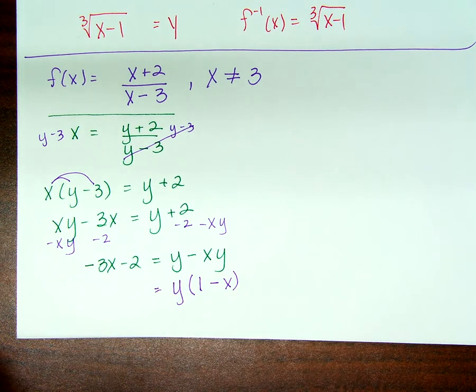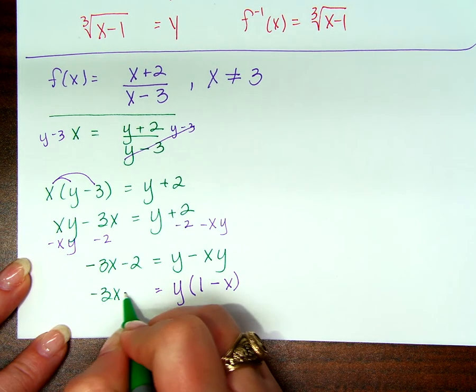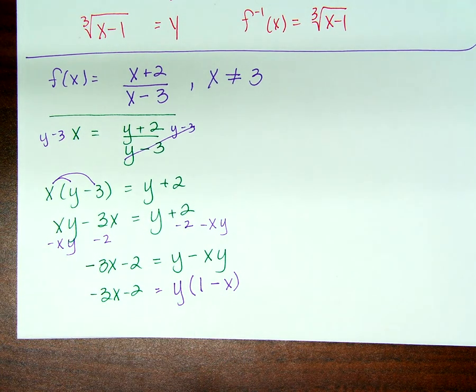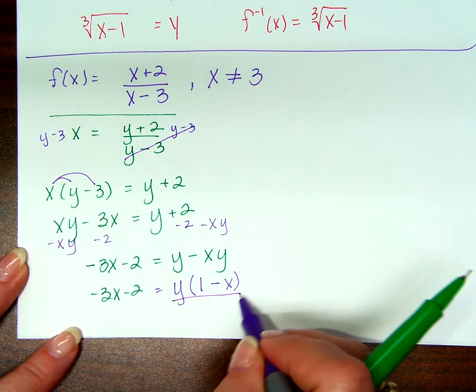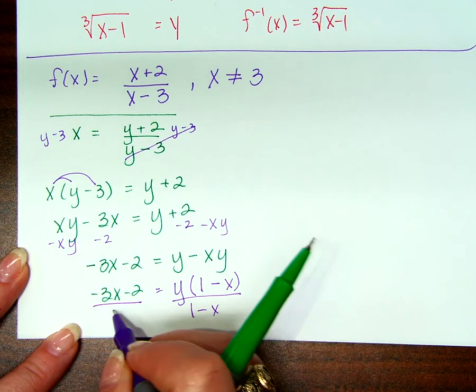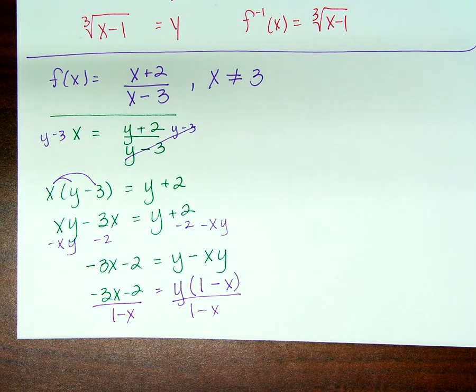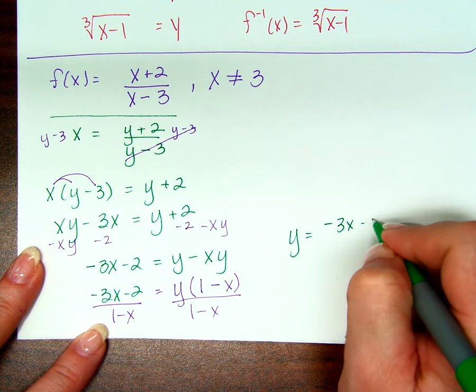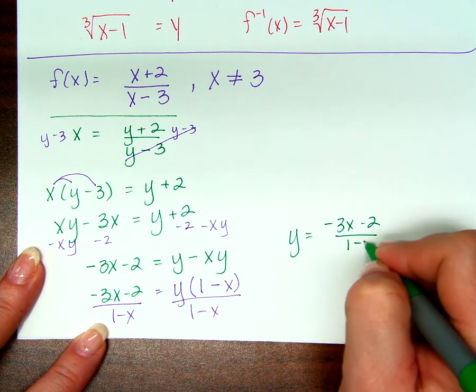So that equals negative 3x minus 2. Well, how do I get this 1 minus x away from the y? Divide it. So y equals negative 3x minus 2 over 1 minus x.